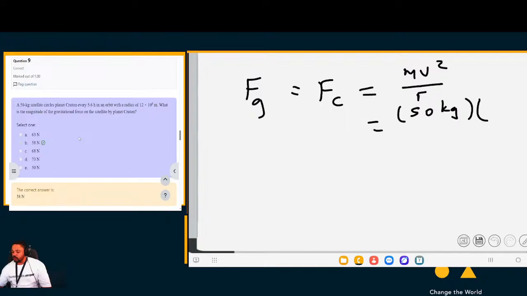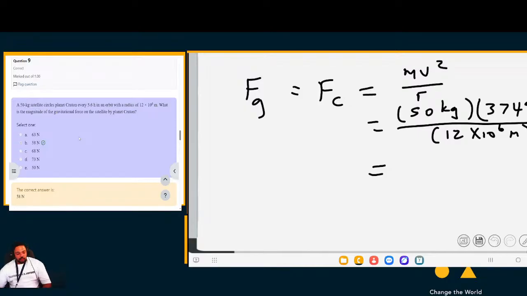The velocity we just worked out is 3749.3 meters per second, and we square that over the radius of 12 times 10 to the 6 meters, giving us a gravitational force of approximately 58.6 newtons.